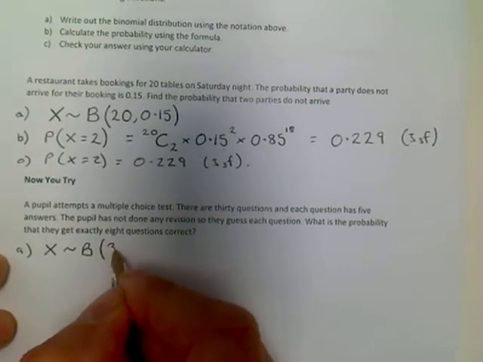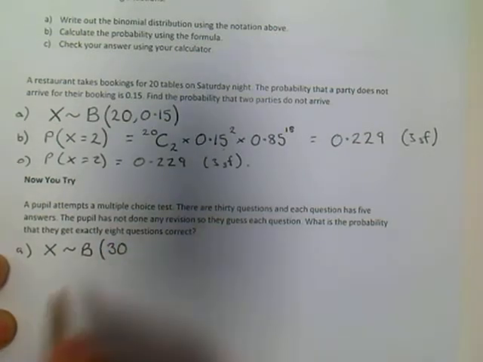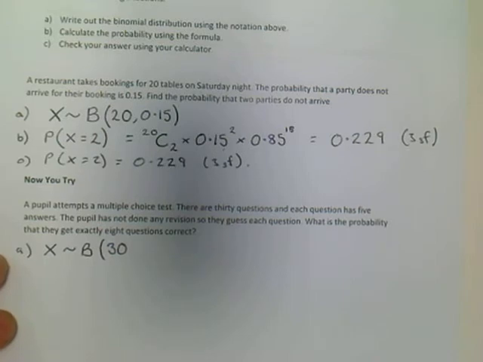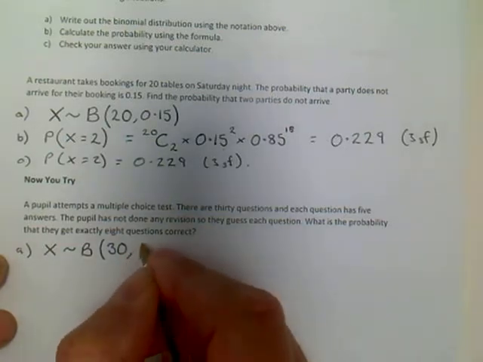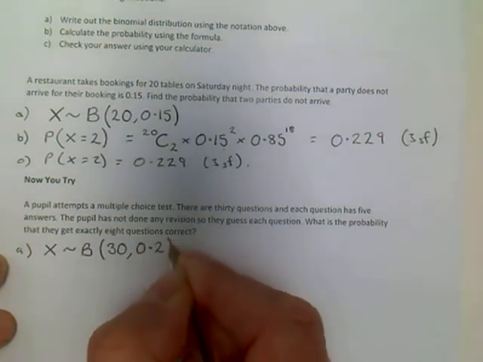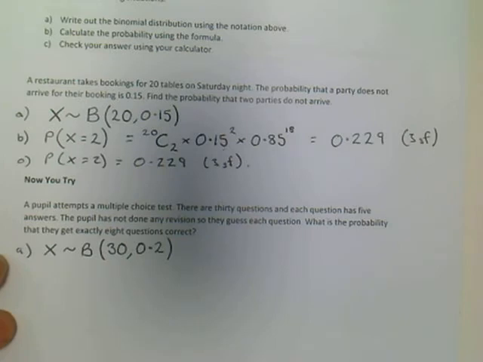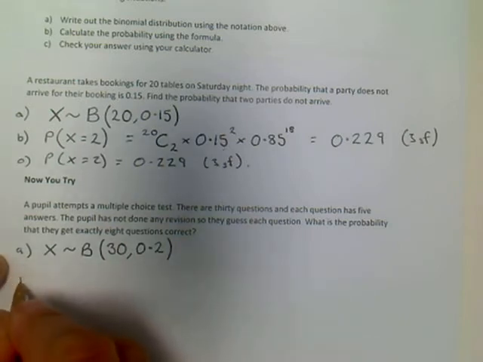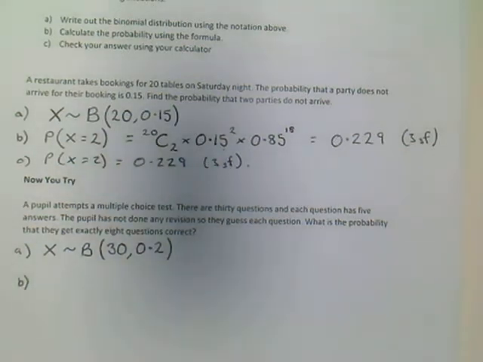This time I am doing 30 trials. There are 30 questions. Each question has 5 answers and the pupil is guessing the answer. So the probability of getting something right, I think we will agree, is 0.2, 1 out of 5. Okay, so that's our solution to the first bit.